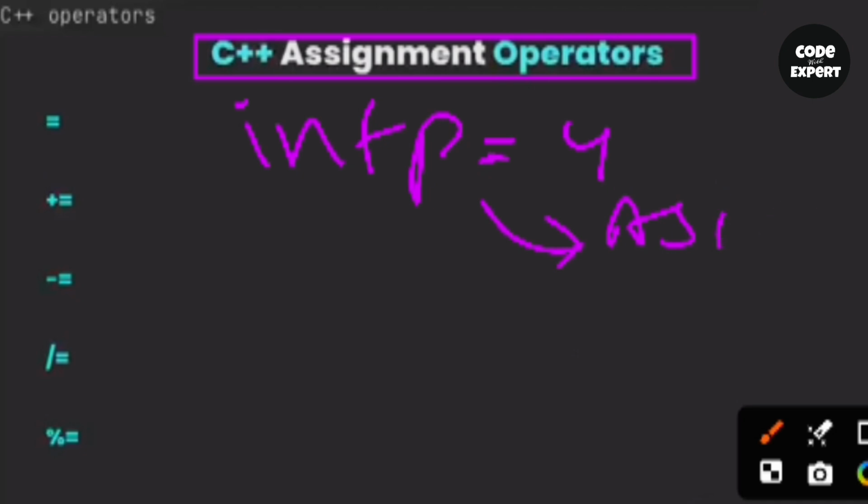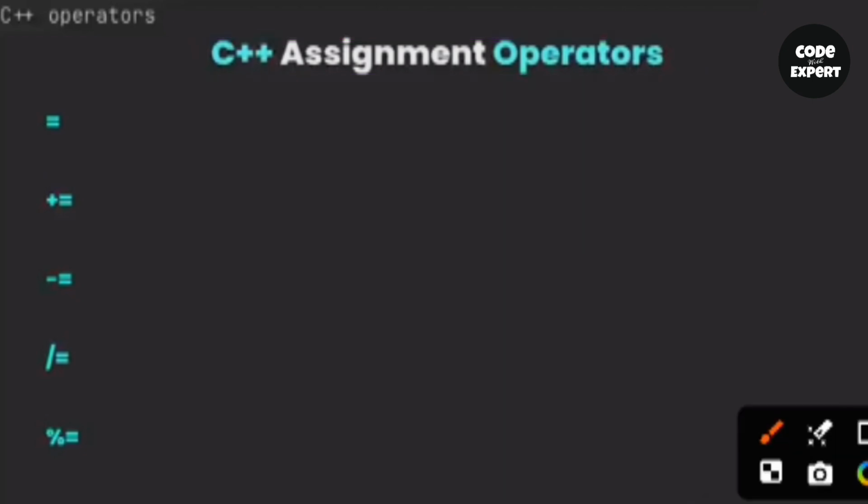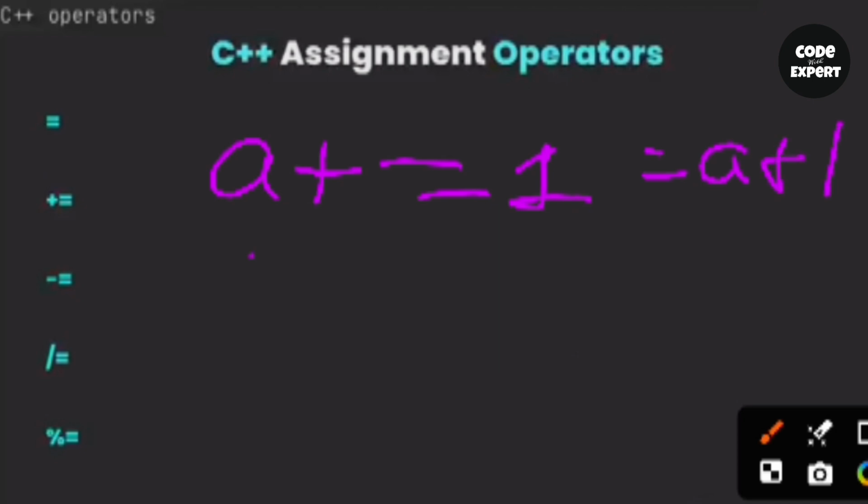Likewise, if I write a plus equals 1, it means a plus 1, and if I write a minus equals 1, it equals a minus 1.